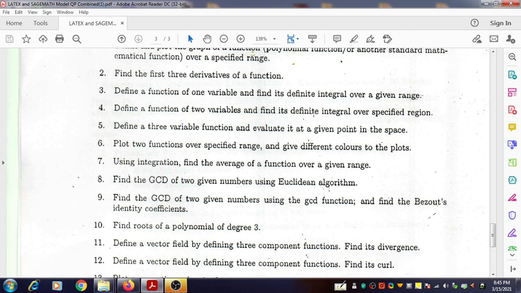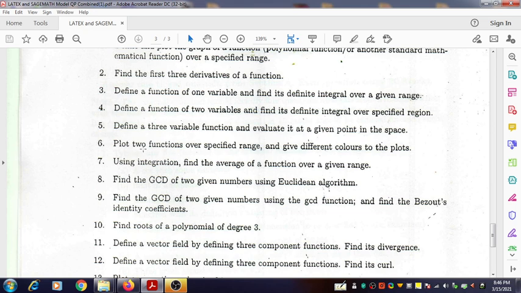Find its definite integral over a specified region, and define a 3 variable function and evaluate it at a given point in space. You have to evaluate the function after defining it.